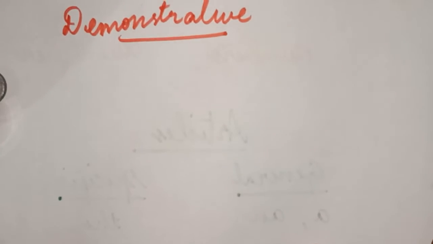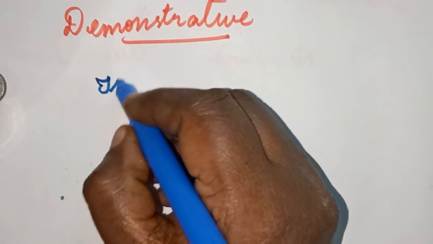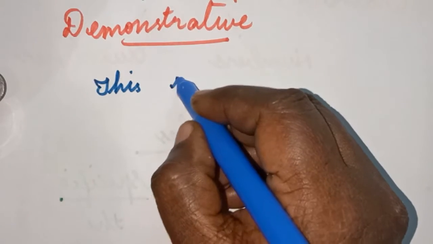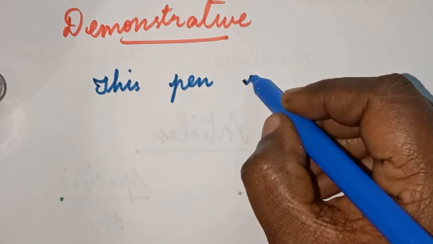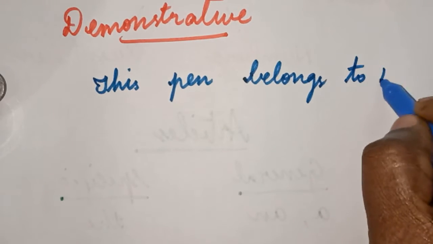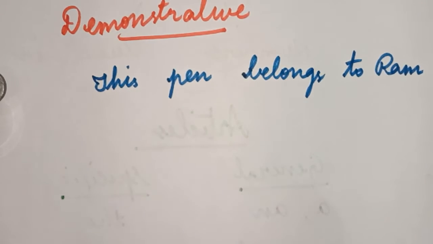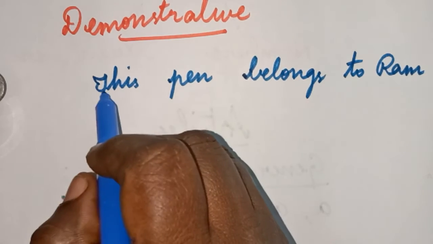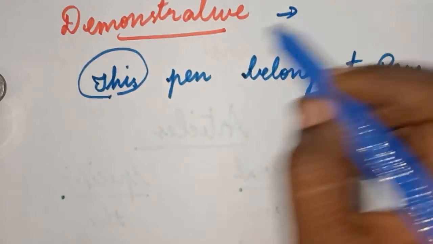For example, this pen belongs to Ram. Whose pen belongs to Ram? This pen. Which pen belongs to Ram? This pen.